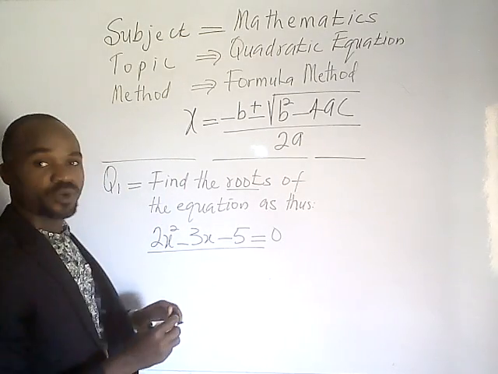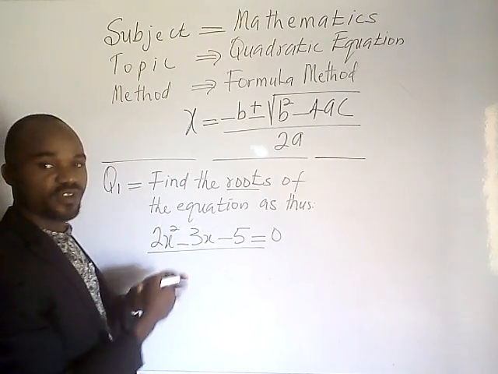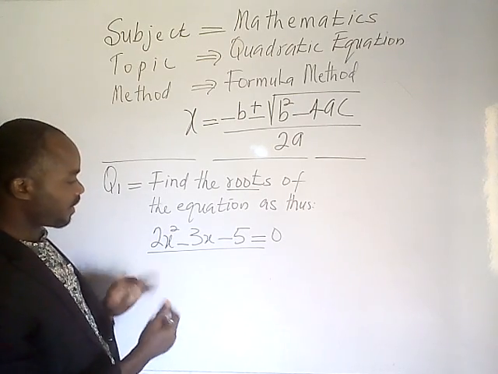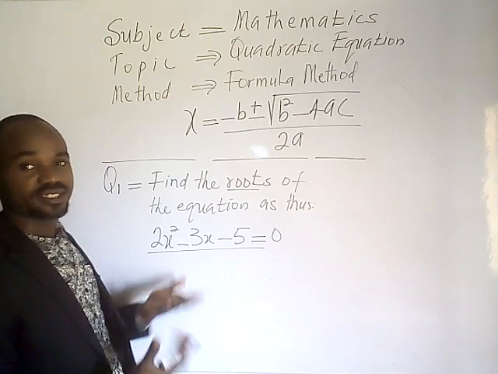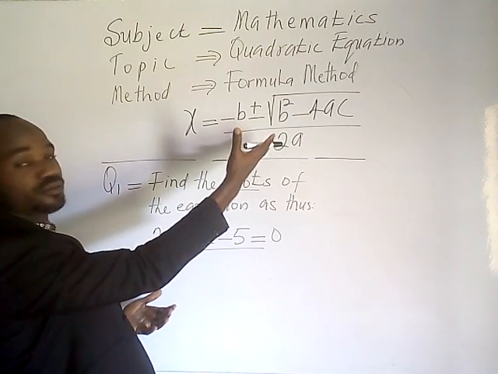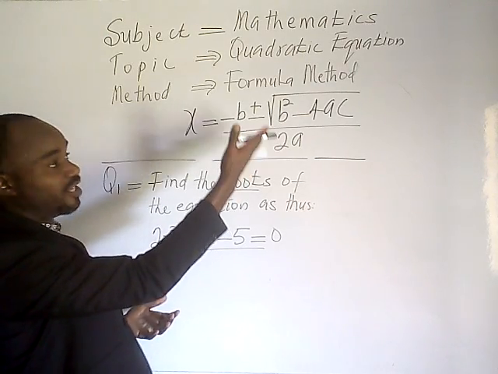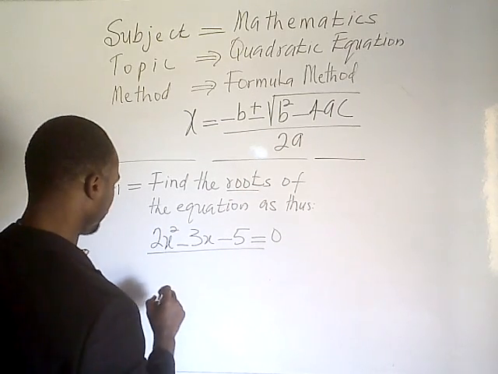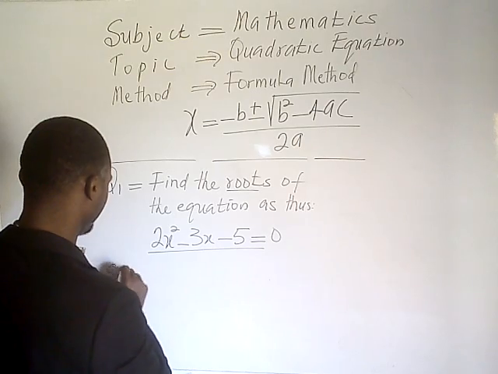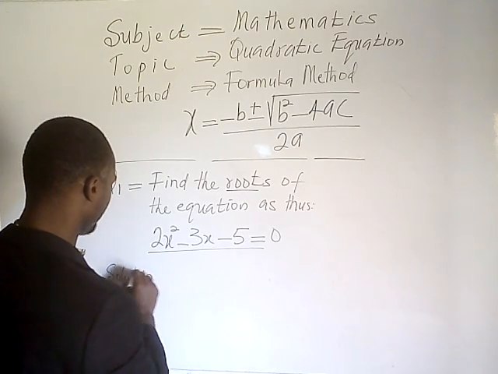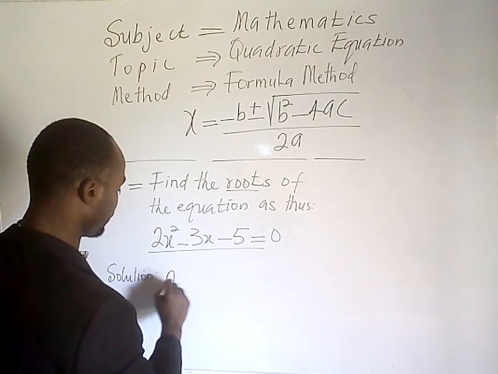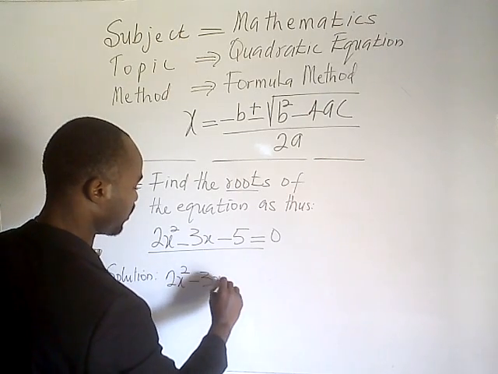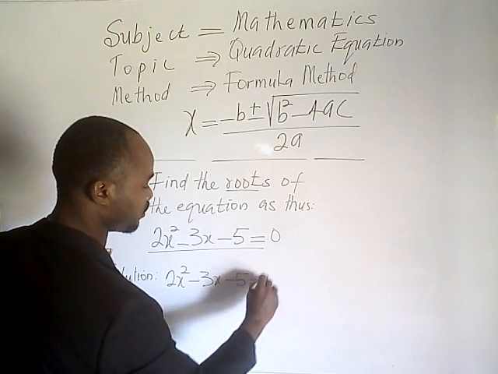This is a direct quadratic equation, so solving this will not be a problem. What we are going to do is consider the coefficients and the constant term, then substitute wisely in the formula provided. Solution. First of all, we put down the question: 2x squared minus 3x minus 5 equal to 0.